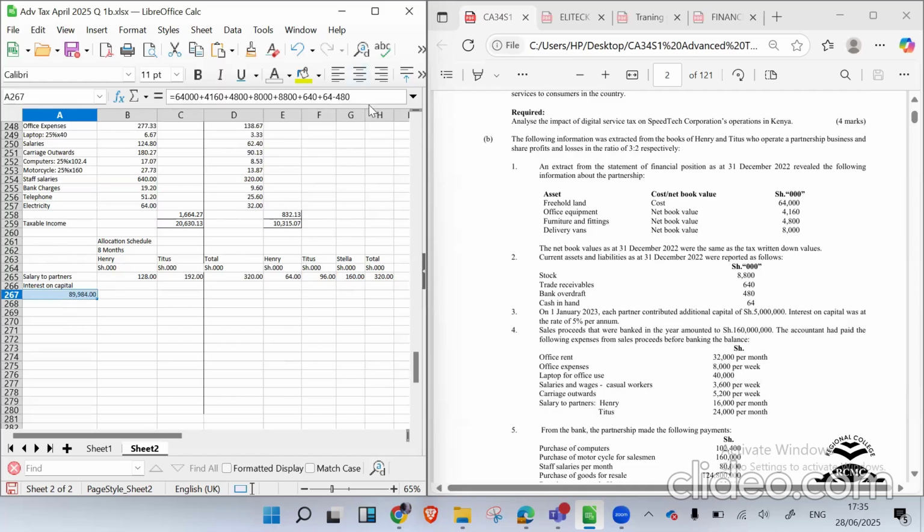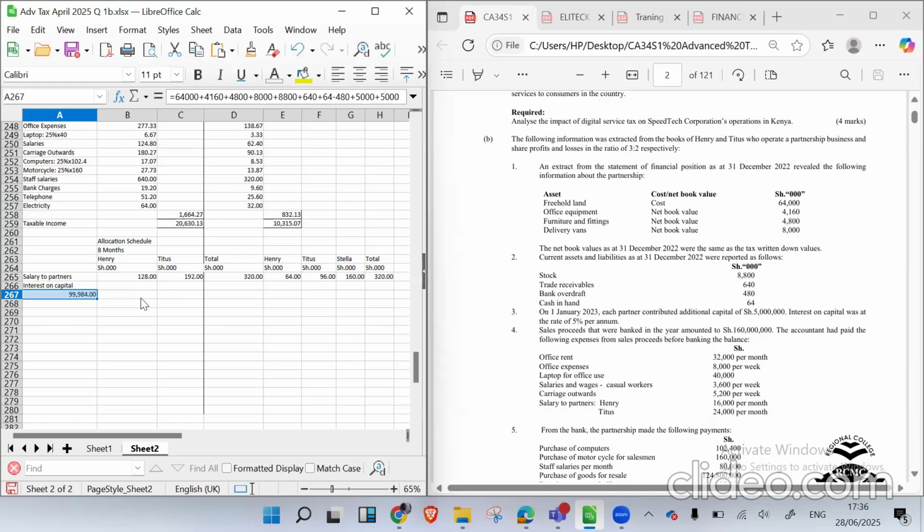So can I add 5 million times 2? That is our total capital. At least that was for Henry and Titus. Out of these, we can apportion accordingly for 8 months, then for 4 months. That is for Henry and Titus.